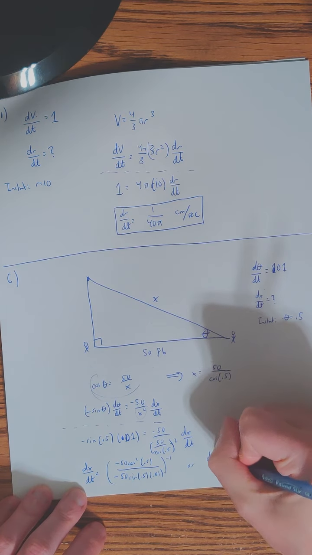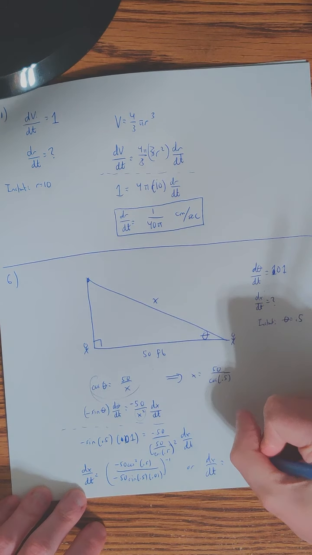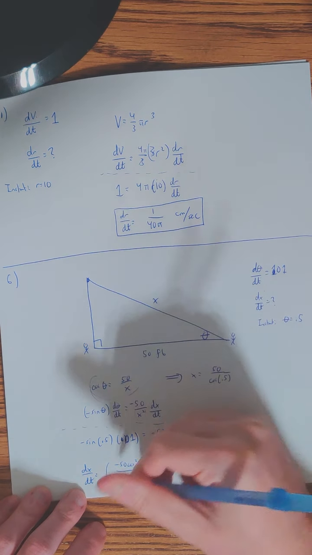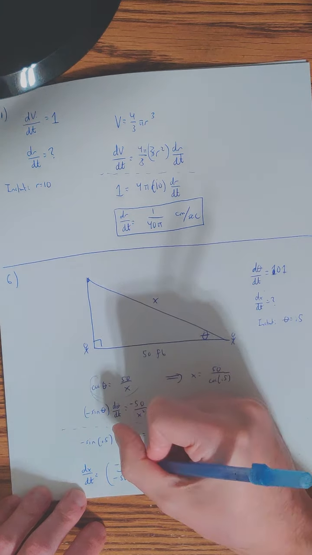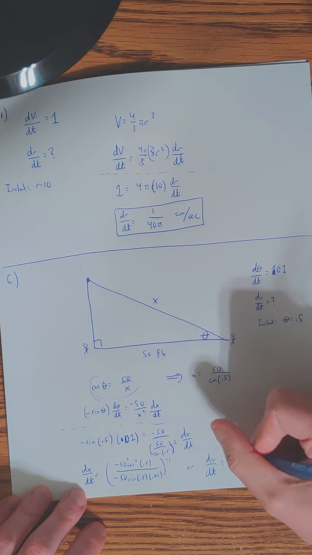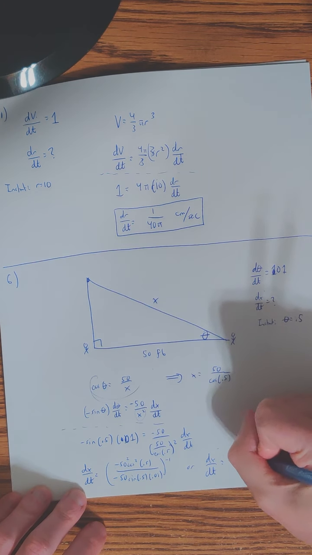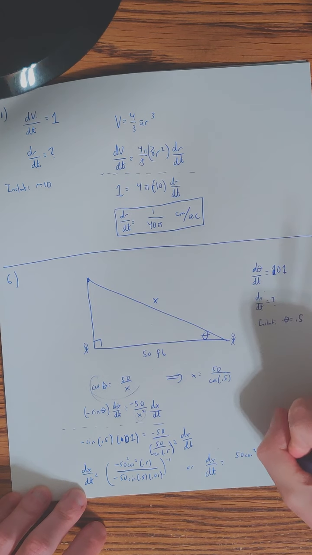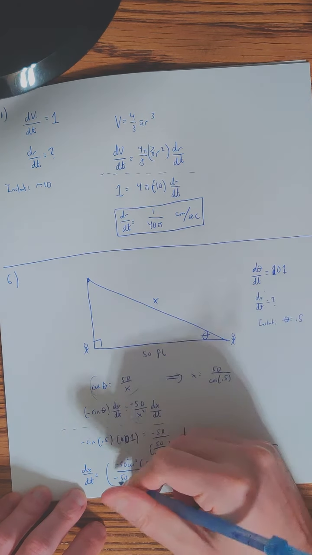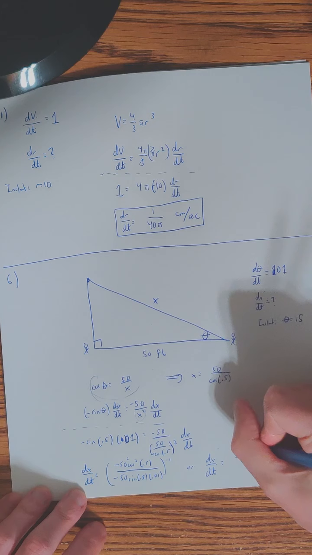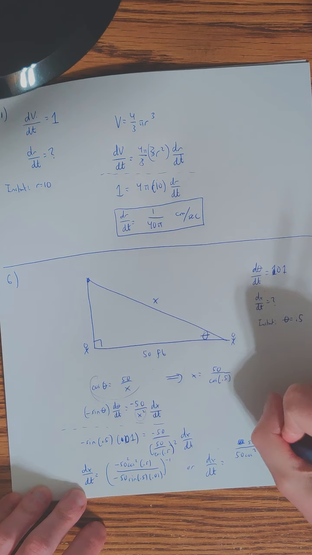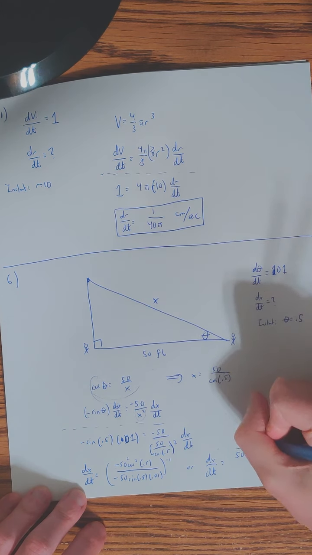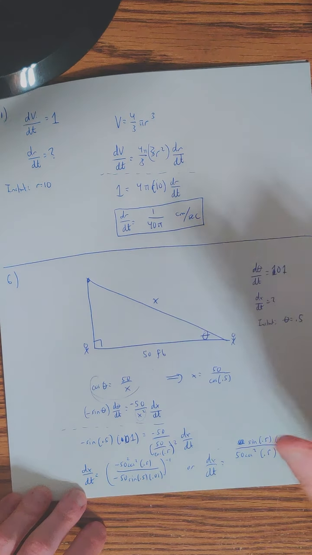Or dx/dt equals, well, the negatives would cancel, the 50s would cancel. Oh, well, it was 50 squared. 50s would cancel, and I would get 50 cosine squared 0.5 in the denominator, and in the numerator, sine of 0.5 times 0.01, whatever that is.